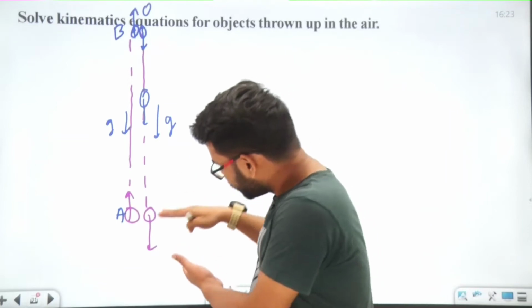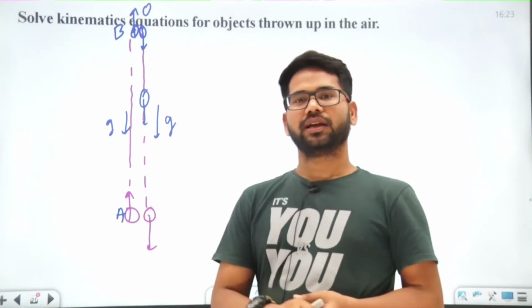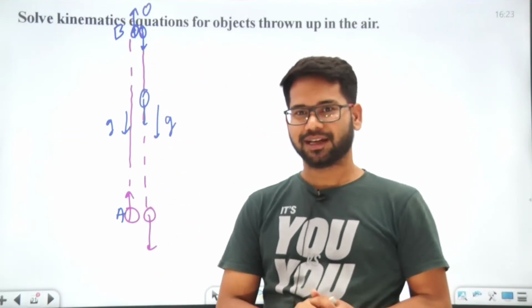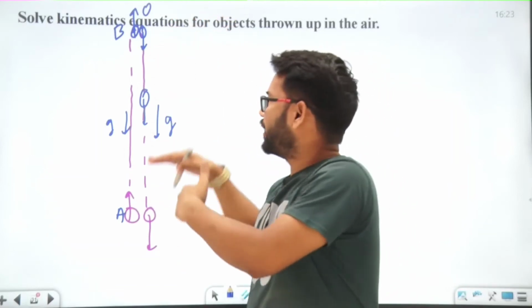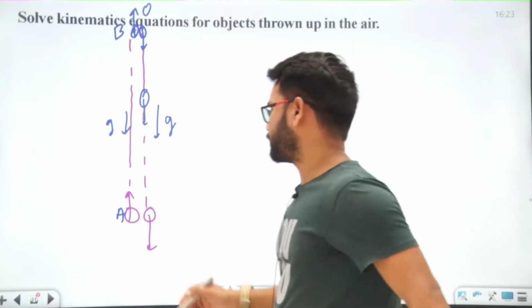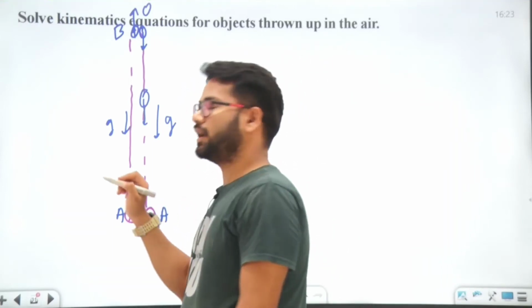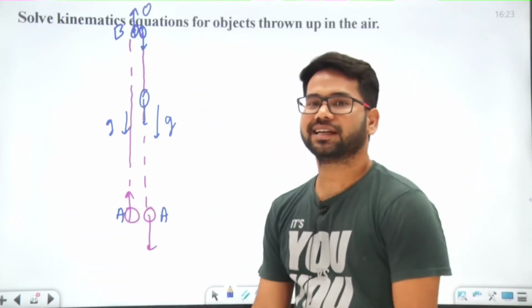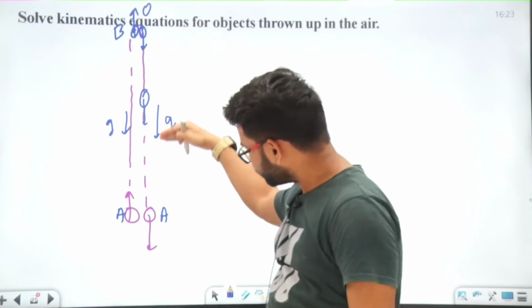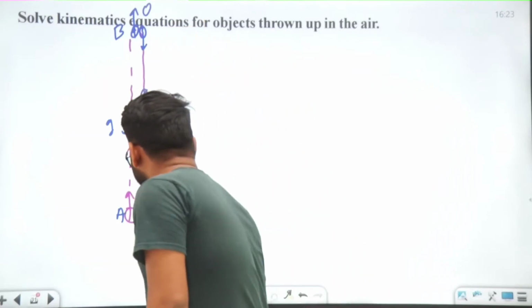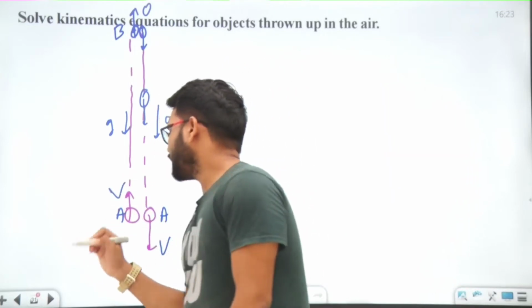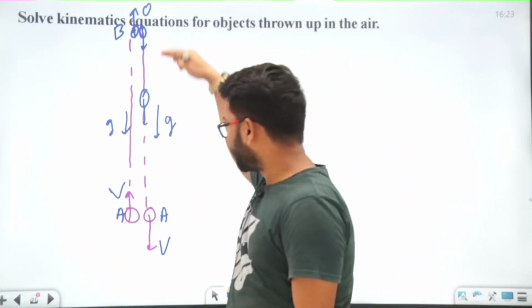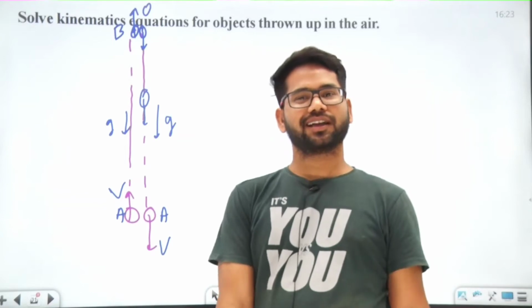So going from A to B it slows down, and at the topmost point its velocity becomes 0. When it comes from B to A, its velocity increases from 0 to, say, V. If you throw with some velocity V, when it reaches back to the same position, its velocity again becomes V.